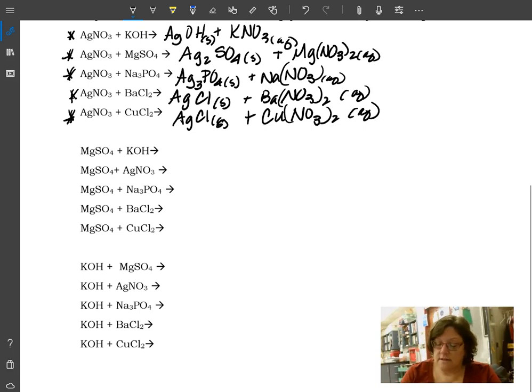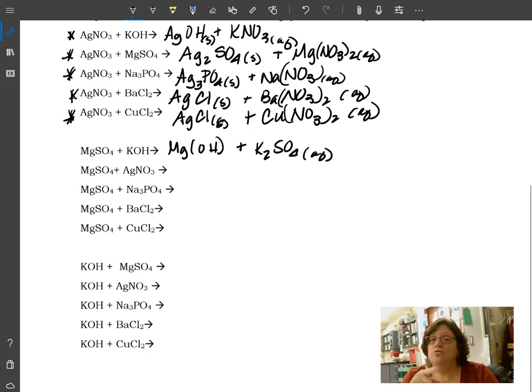Going on to the next 6, magnesium sulfate and potassium hydroxide. Magnesium hydroxide will form, and potassium sulfate. Hydroxides are usually insoluble. The exceptions being, of course, PMS. No, not PMS, that isn't an exception.